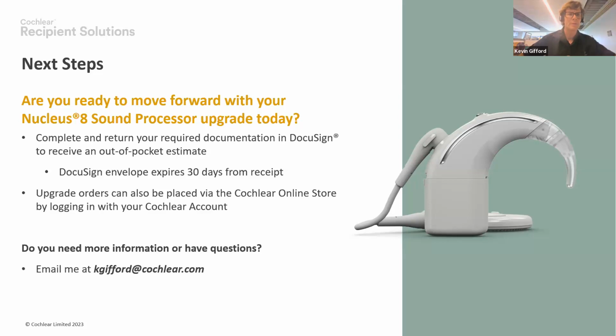The reason why people will really decide between the Kanso 2 or the Nucleus 8 is the Kanso 2, you don't have to worry about rechargeable batteries anymore. It's just the Kanso 2 itself, and you put it onto that home charger. So if you're someone that doesn't want to be worrying about rechargeable batteries or having to get rechargeable batteries every year, that's a big sell for the Kanso 2.